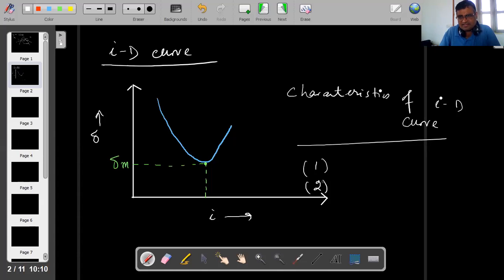At a particular angle of incidence, deviation is minimum, and this is known as minimum deviation.